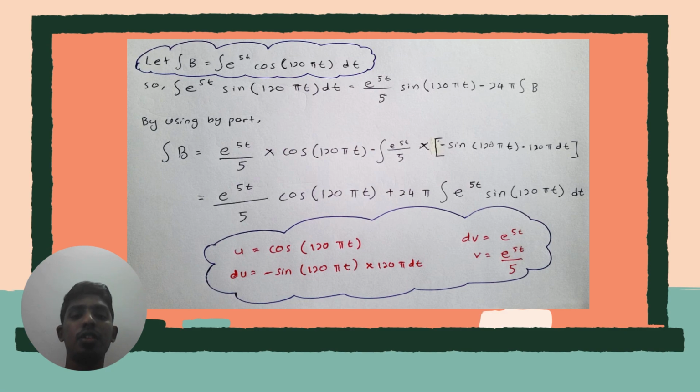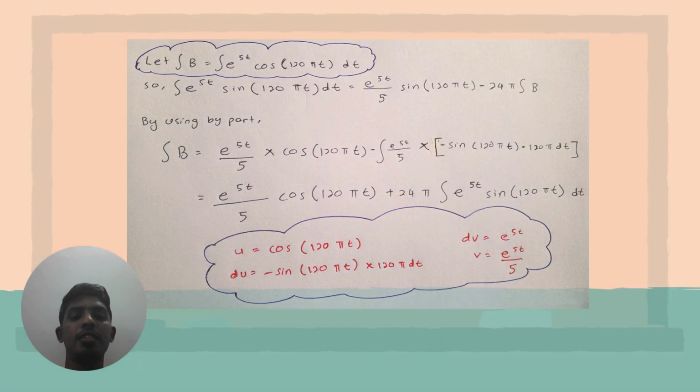So u equals cos, then you differentiate it, you get negative sine 120 pi t times 120 pi. Then dv equals exponent 5t, v equals exponent 5t over 5. Then you rearrange it, you get exponent 5t over 5 cos 120 pi t plus 24 pi integral of exponent 5t sine 120 pi t.